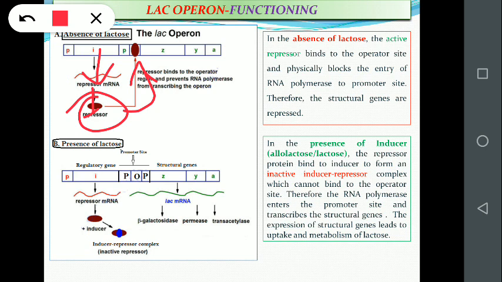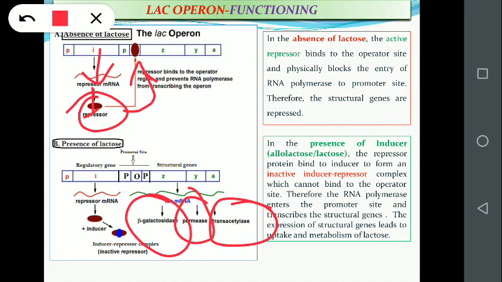Because of that we get a small amount of beta galactosidase enzyme and permease that allows the entry of lactose into the cell, and transacetylase, which will detoxify the unwanted materials which entered into the cell along with the lactose.